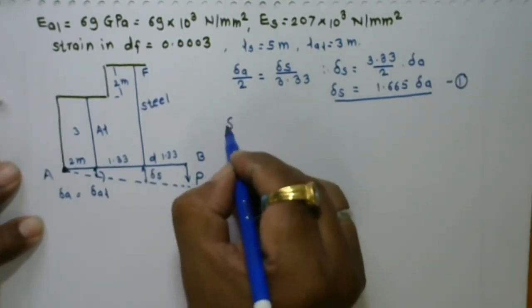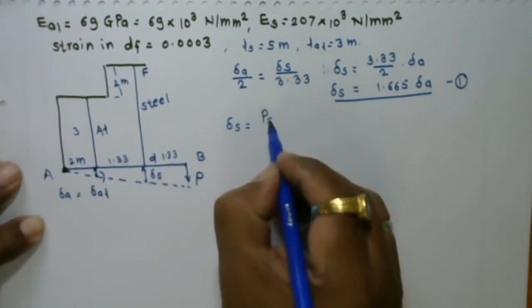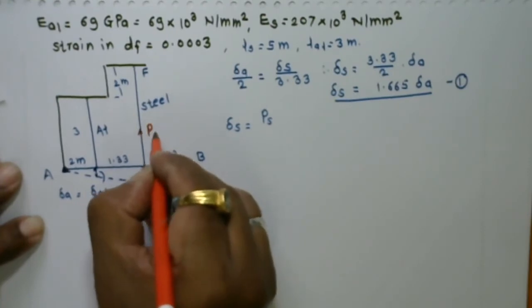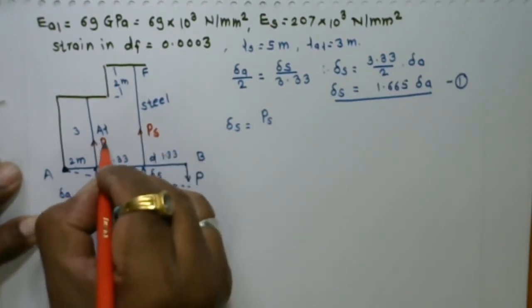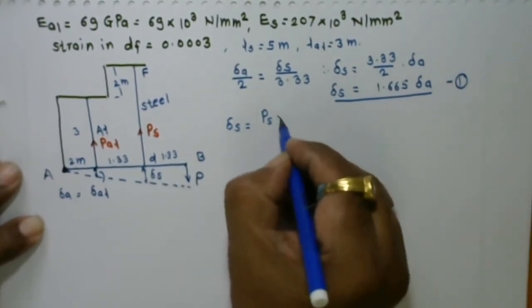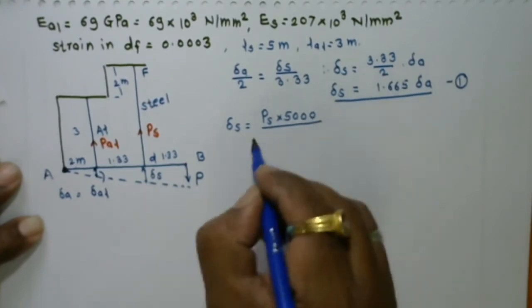So delta S is equal to, we know the relation PL upon AE. So similar way PS, in that case we may say force acting, that is PS. So PS into length, given PL upon AE, length of the steel, that is 5000.